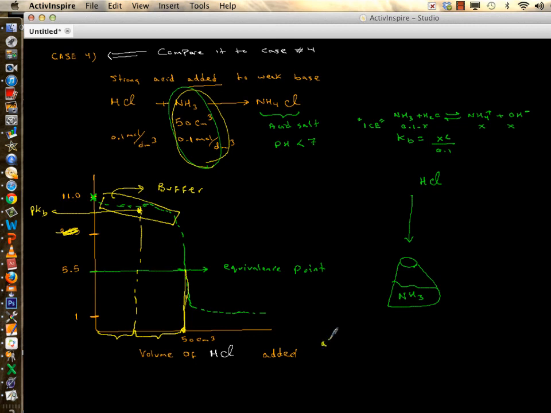So at the half equivalence point, the concentration of your salt is equal to the concentration of the base. And if you remember Henderson-Hasselbalch for bases, pOH was equal to pKb plus log of salt over base.